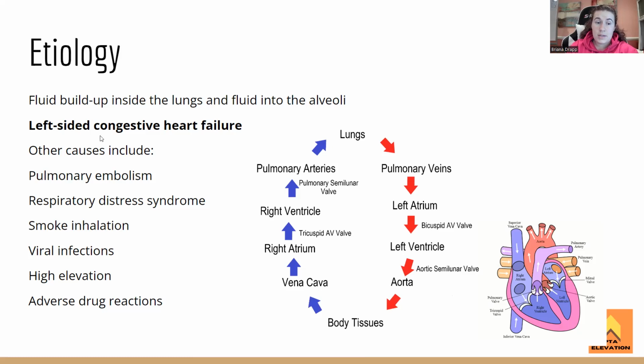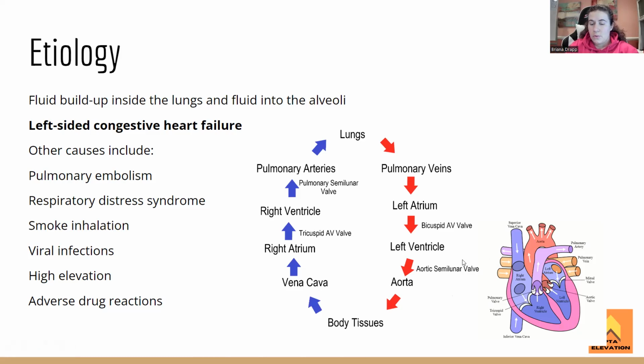Now, acute pulmonary edema can happen because of a pulmonary embolism, respiratory distress syndrome, any sort of smoke inhalation, viral infections, increase in high elevation, or adverse drug reactions. Those would all be causes of acute pulmonary edema. And then for chronic pulmonary edema, I think congestive heart failure. Chronic congestive heart failure, that's kind of how I remember it.